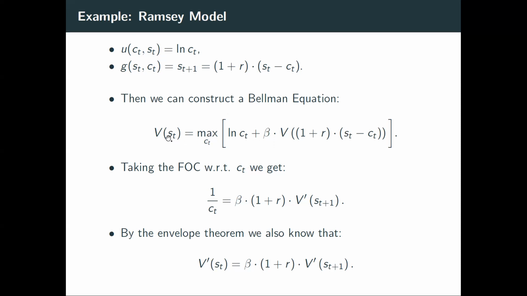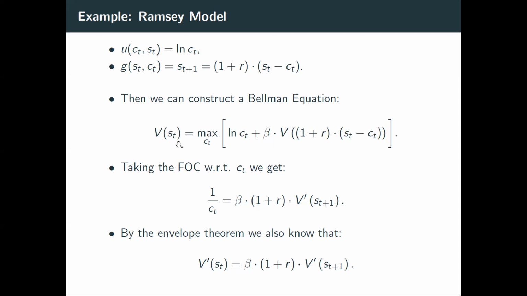So when you differentiate the right-hand side with respect to ST, naturally you would like to account for the dependence between CT and ST, because CT is actually a function of ST. But the envelope theorem says you can ignore this dependence, do not differentiate CT with respect to ST, and differentiate the whole function basically as a function of ST. And then after all the differentiation, you substitute back, reminding yourself that CT was a function of ST, but only after that. And actually, let us apply this envelope theorem.